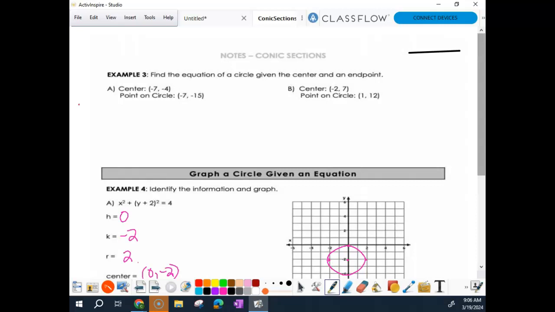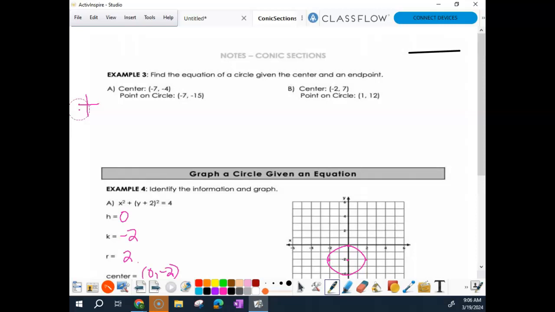We don't care what it looks exact, but if I have a center at -7, -4, that's going to be down here somewhere, right? In the third quadrant. So that's -7, -4. A point on the circle is -7, -15. So is that point on the circle -15 above or below the -4? Below, right?